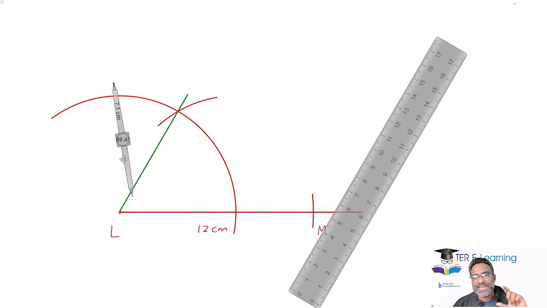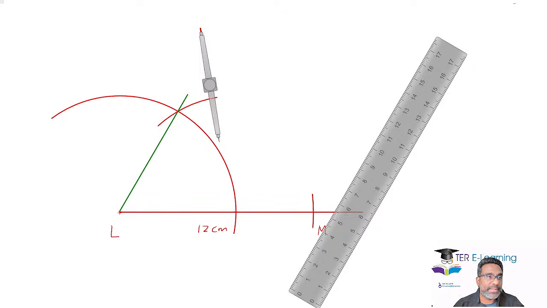Now there's no need to adjust your compass again. You can use the same opening that you have right now to complete this construction here, to get the 30 degrees. So the first step in bisecting an angle, you would have had to draw an arc, but that arc is already here for us.